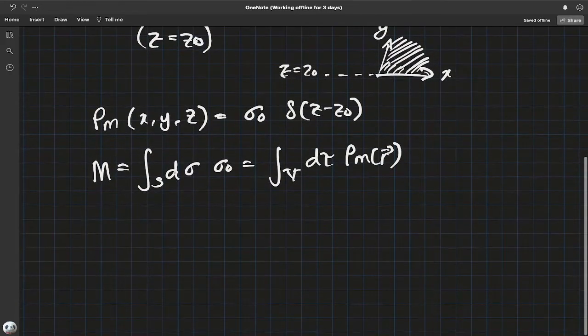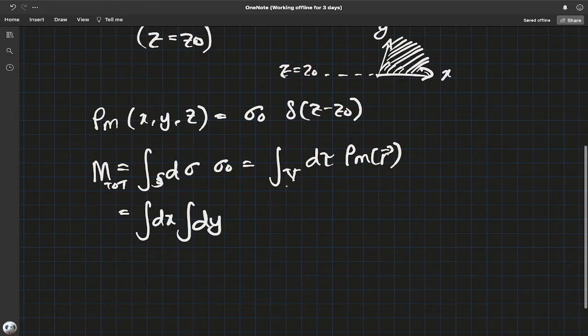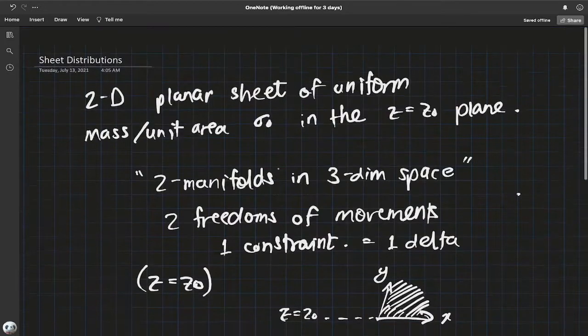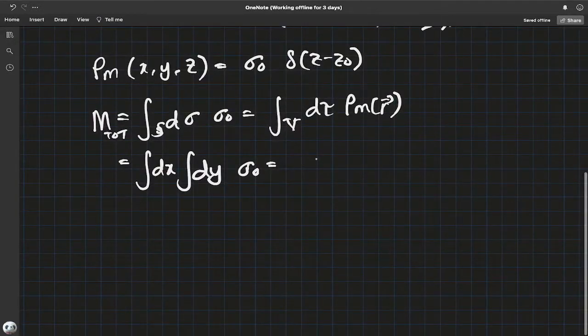Surface area density integrated over surface area is equal to volume density integrated over volume, because all of them are forms of the total mass. Since we're in the xy plane, parameterize it appropriately to get this double integral dx dy with sigma naught up front, because that was uniform, luckily, otherwise this integration would have been hard.